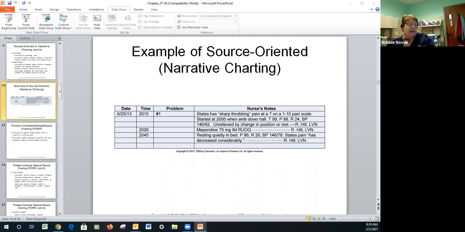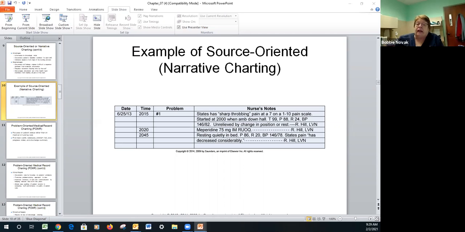So here's an example of source-oriented or narrative charting. You always have a date, you always have a time, and we always recommend the time being in military time. You're not always going to see a problem in source-oriented charting, but if it's there, this problem relates to the care plan.